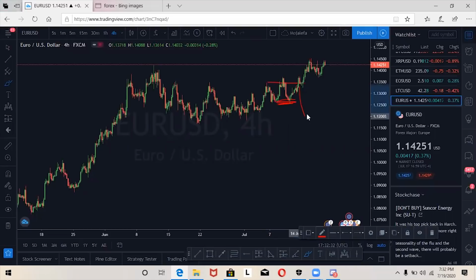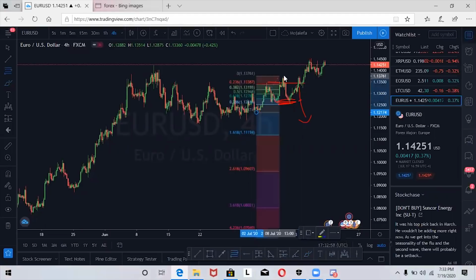But remember, to trade a head and shoulder, mostly we wait for the market to come to where? To here, somewhere here, which is more like our perfect entry zone. So putting a fib there, maybe you can see if we can get the 61.8. Let's see, where's the 61.8?